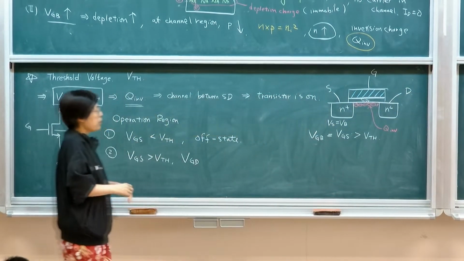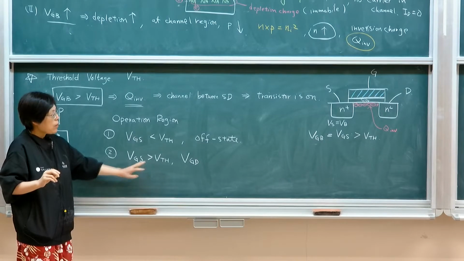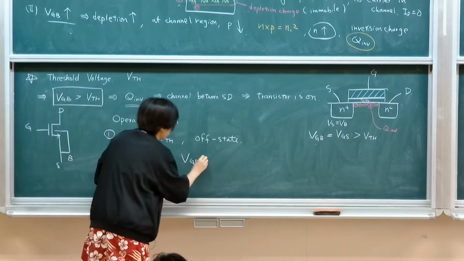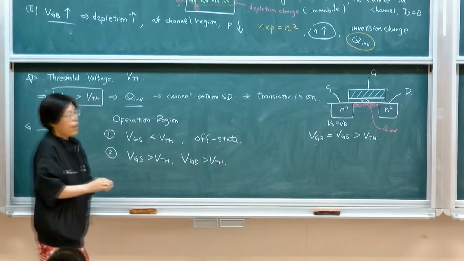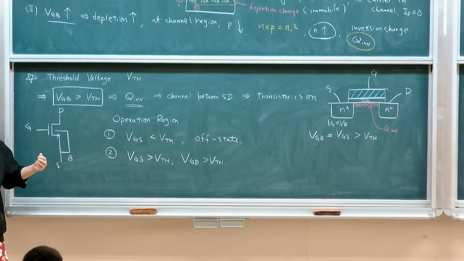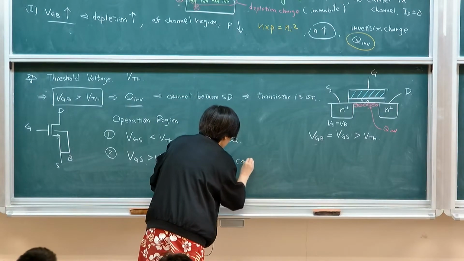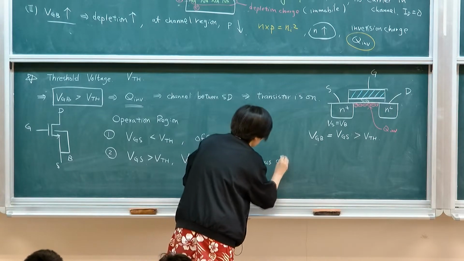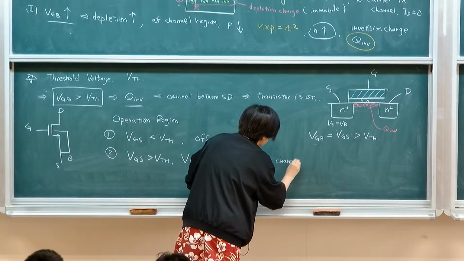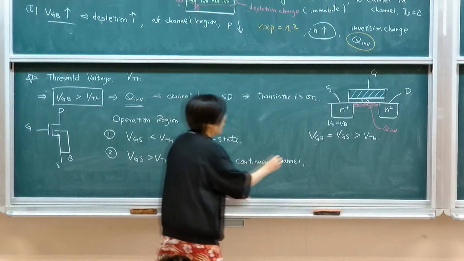An easier way of looking at this, we're going to translate it into different ways of writing these criteria, but if both are larger than VTH, meaning that your channel is active on both sides, we typically refer to this as a continuous channel. So when we have a continuous channel, this is called the linear region.